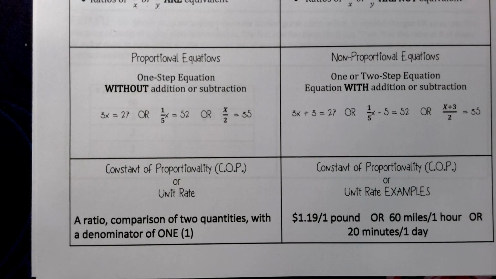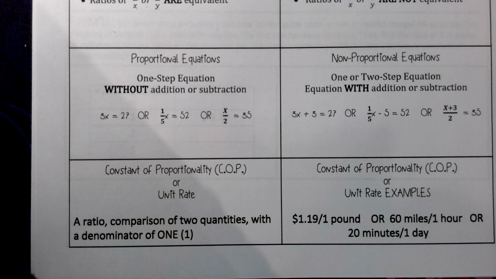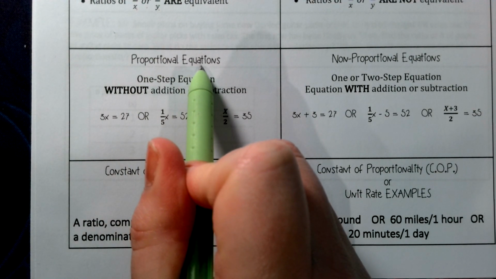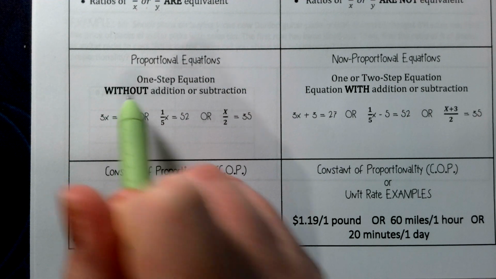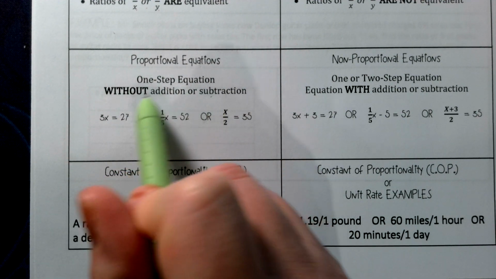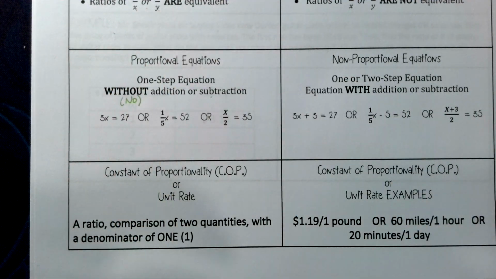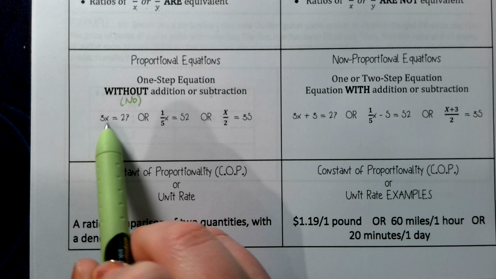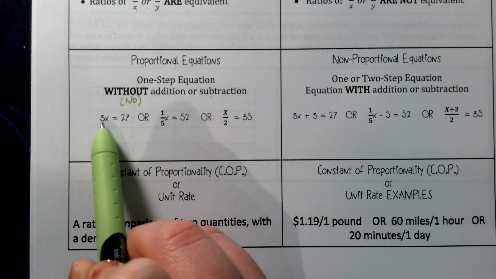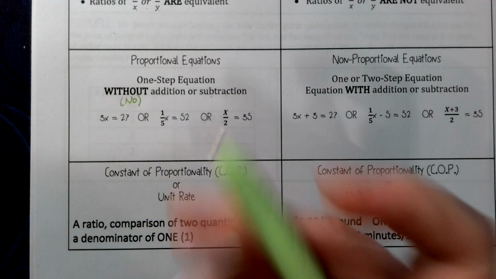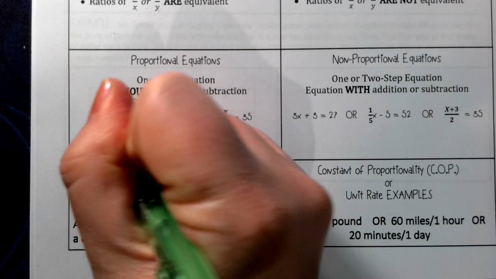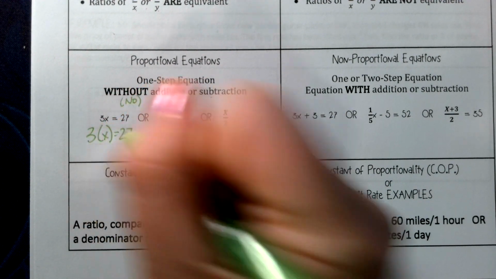When we come down to the equations, if it is a proportional equation, there is no addition or subtraction. Without means no. So this one, I see 3x is equal to 27. Remember, when they're side by side like that, that means multiplying. So this is really 3 times x equals 27.